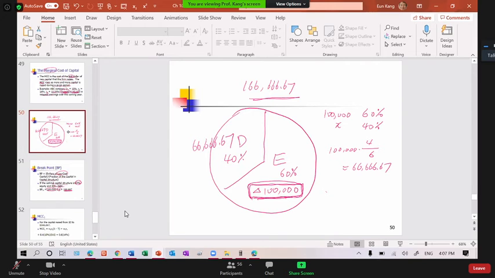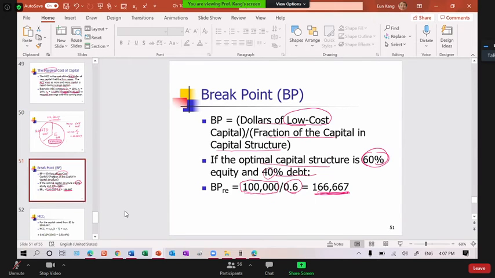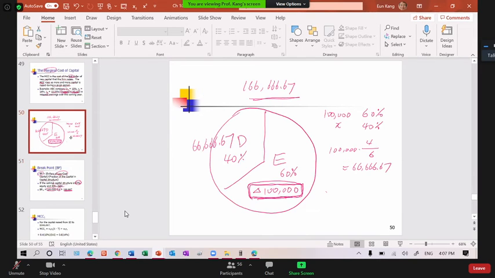So you see the value of this formula. The breakpoint formula lets you calculate the total capital you have before your cost of capital changes.